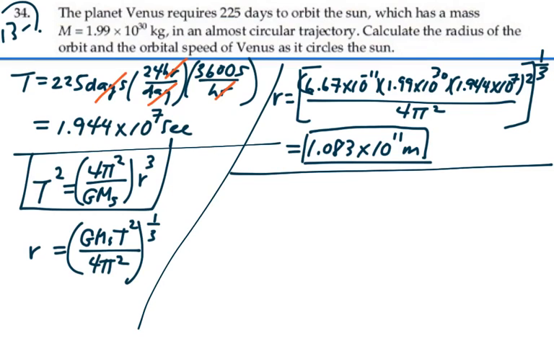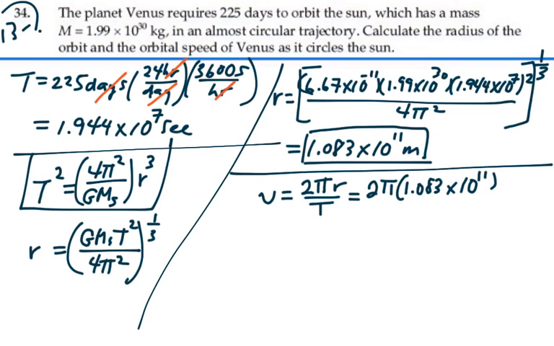The velocity will be equal to the circumference of this orbit divided by the time it takes to complete this orbit, which is the period T. So this is going to be 2 pi times this radius, 1.083 times 10 to the 11, divided by the period of time to complete it, 1.944 times 10 to the 7 seconds.